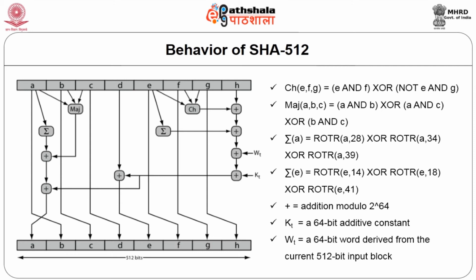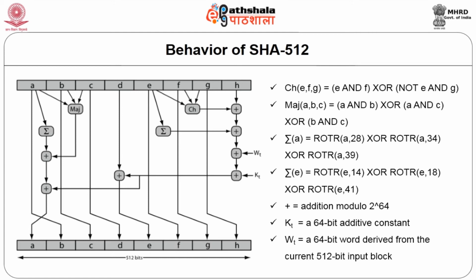So when I say sigma 1 of 512 of E, it has the equation rotate right 14 of E, exclusive OR with rotate right 18 of E, exclusive OR with rotate right 41 of E. It suggests that E should undergo the circular right shift operation by 14 bits.